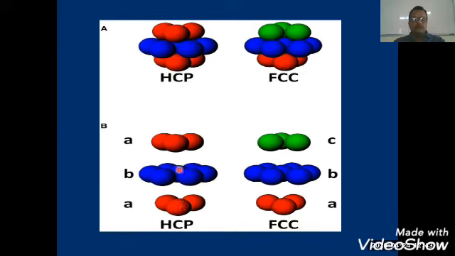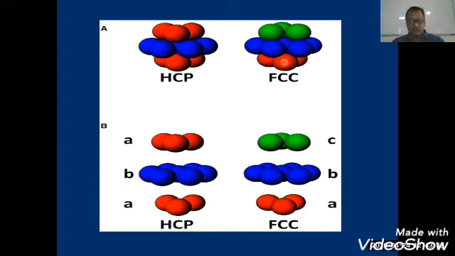So this atom will have 12 nearest neighbors, and the number of nearest neighbors is called the coordination number. So in hexagonal close packing, the coordination number is 12. That means each atom is surrounded by 12 atoms: 6 in the same layer, 3 above it, and 3 below it.